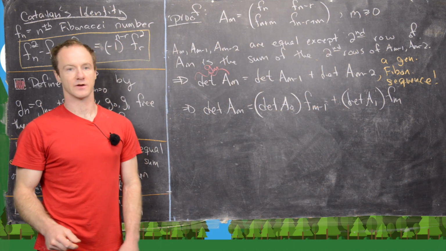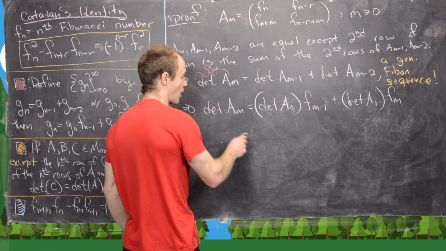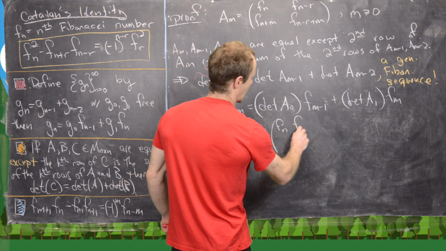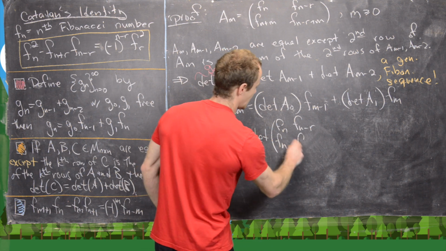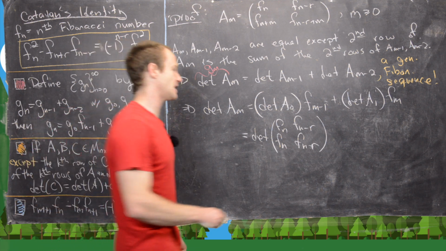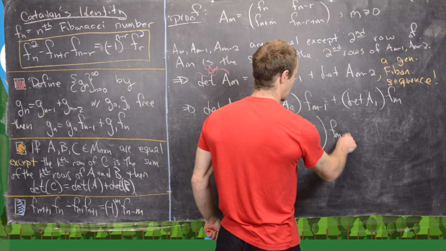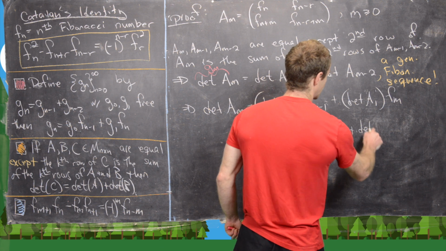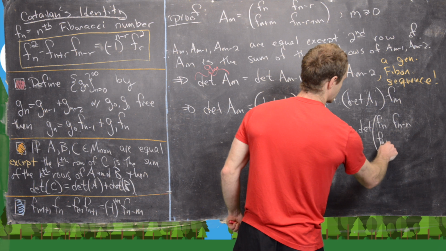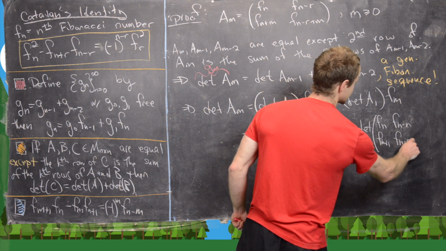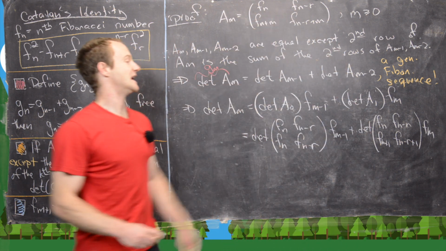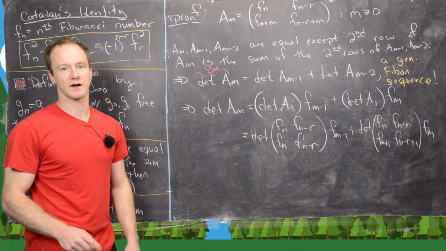Okay, good. But let's recall what that is. So that's the determinant of Fn, Fn minus r, Fn, Fn minus r, because that's A0, plugging 0 in for m here, times F sub m minus 1, plus the determinant of Fn, Fn minus r, Fn plus 1, Fn minus r plus 1 times F m, because that is A sub 1 plugging m equals 1 right there.